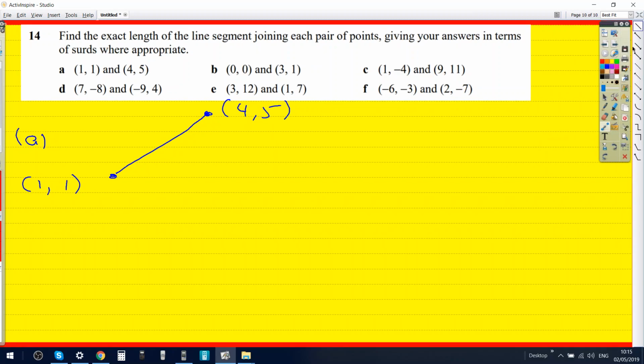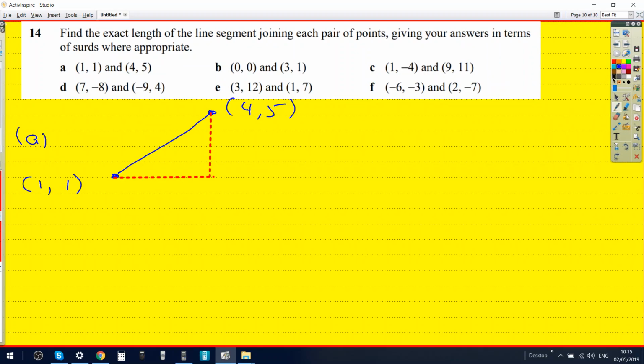Okay. And so how would you find the length of it? So the dotted red line you just drew would be 3. Yeah. And then going up it'd be 4. So 3 squared plus 4 squared, square root.